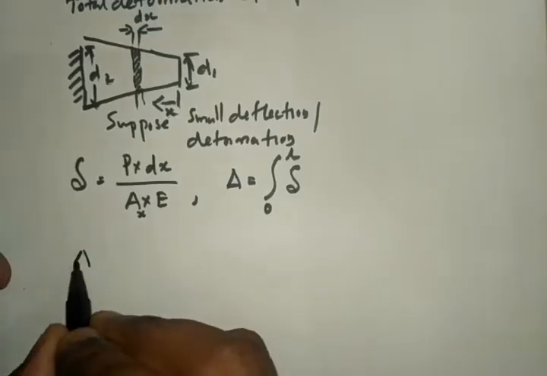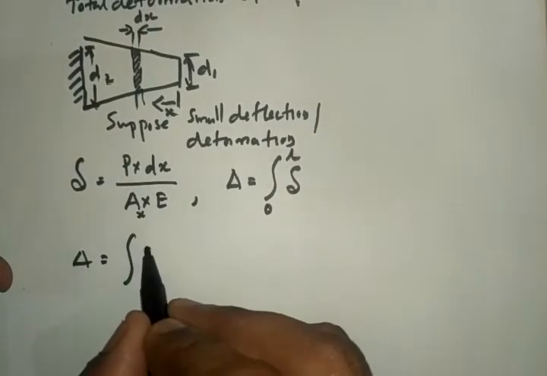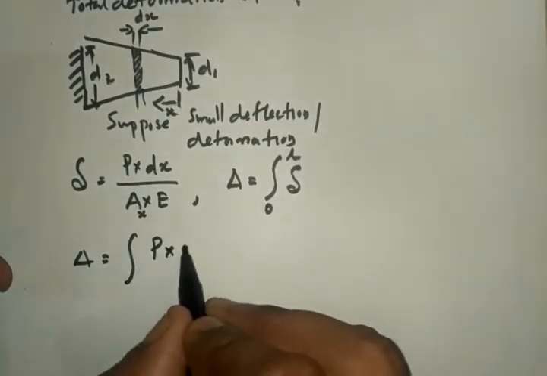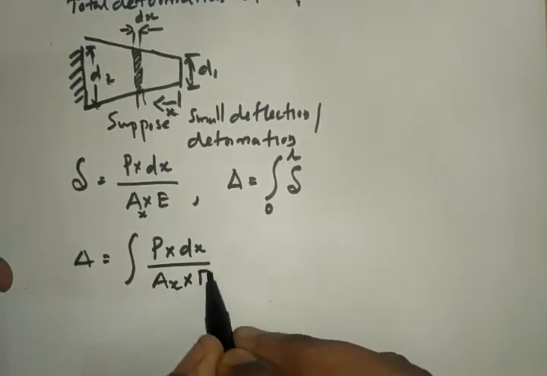So we have delta is equal to integration of P into dx divided by Ax into E.